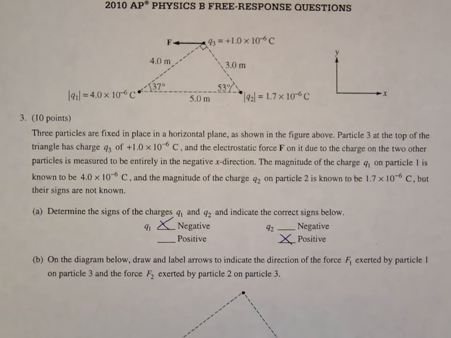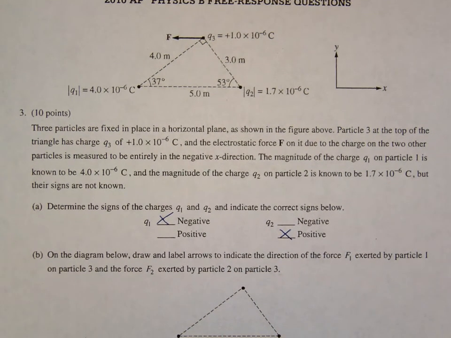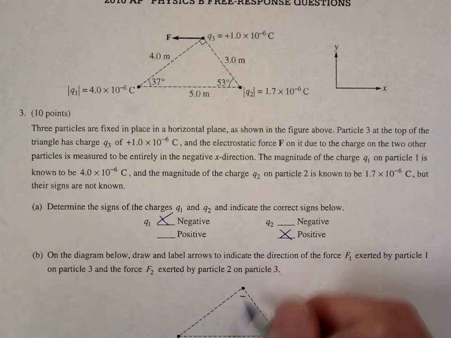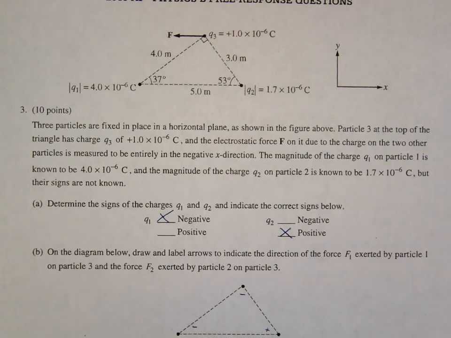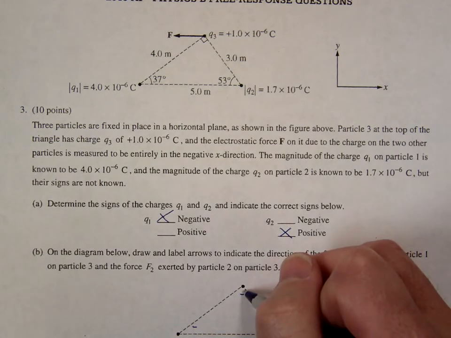Okay. Question B, draw the direction of the force due to particle 1 on 3 and particle 2 on 3. So again, this is a negative and this is a negative and this is a positive, right? Oh, this one is positive, right?